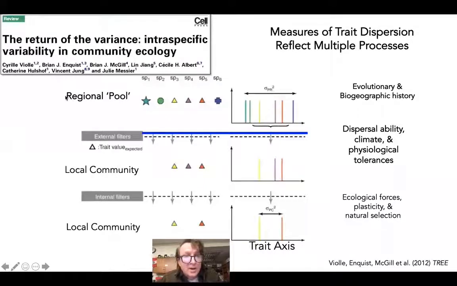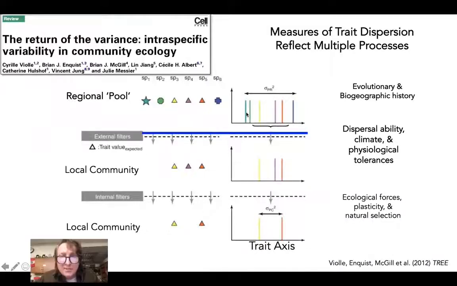And so we can talk about the regional pool of species. And so this is more at the biogeographic or regional or ecosystem level, where we have several different species that are present within a given biogeographic realm or within a given ecosystem. And if we look at the mean trait values of those species in the regional pool, you can see that they're dispersed across that trait axis.